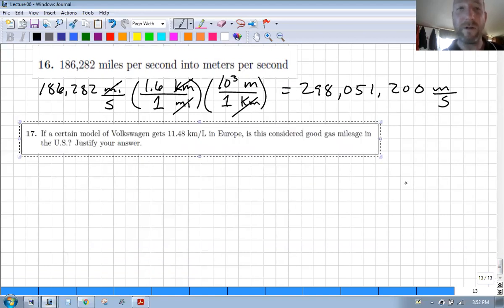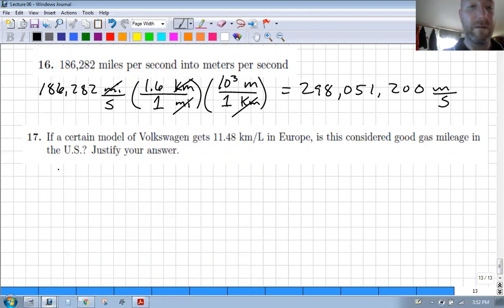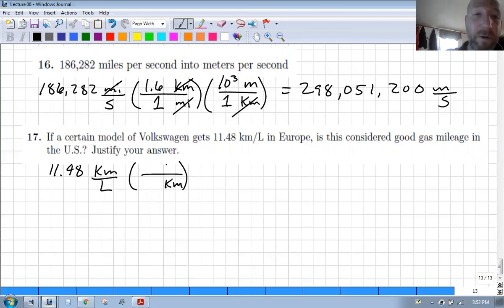All right, if a certain model of Volkswagen gets 11.48 kilometers per liter in Europe, is this good or bad gas mileage? Well, if we convert it to miles per gallon, we might have a pretty good idea, right? So we need to get rid of kilometers, and we want miles. We just found out from the last problem that 1 mile is 1.6 kilometers. So now we're looking at miles per liter. Now we want to get rid of liters in favor of gallons.